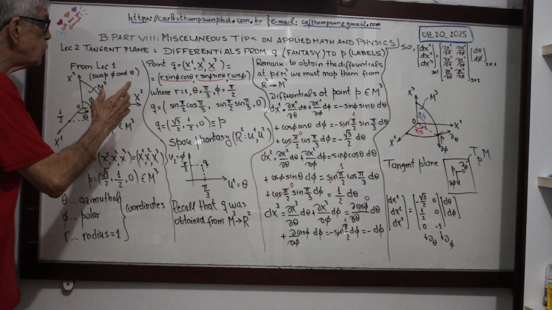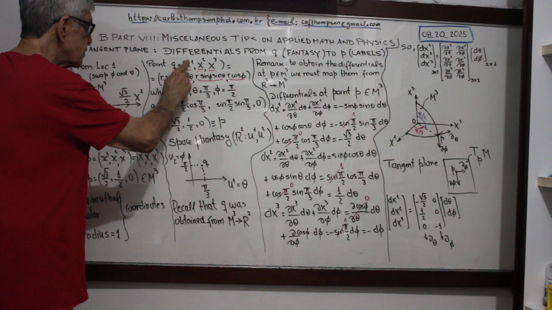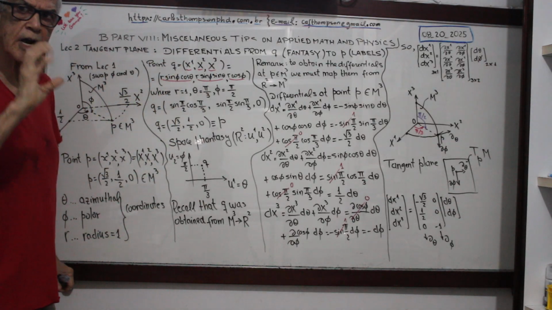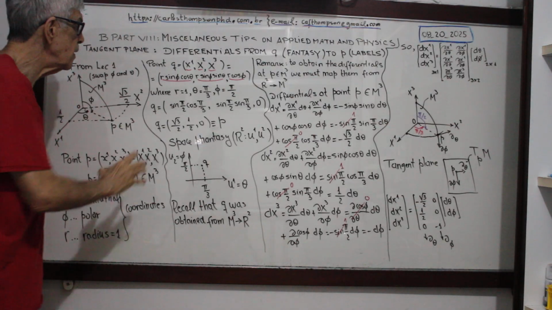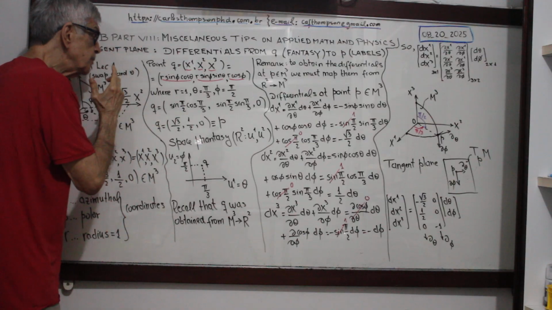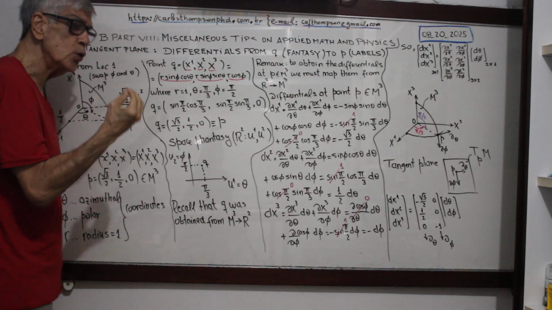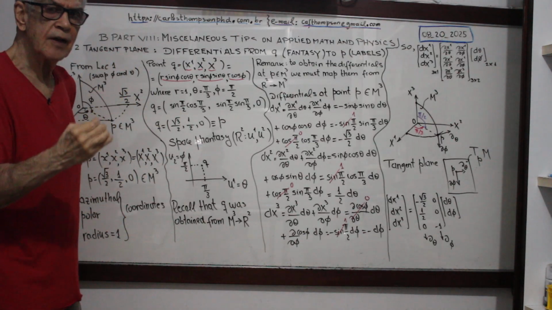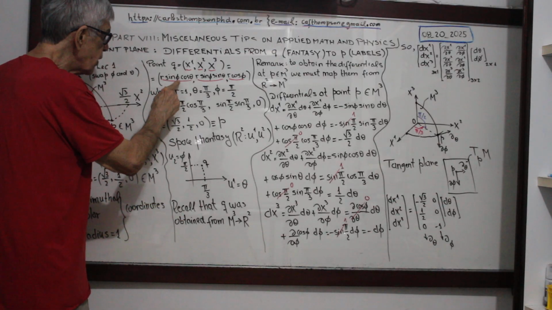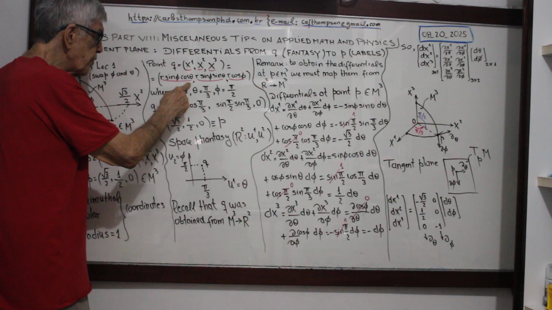Now, point Q, capital X1, X2, X3. These are, in this case, Cartesian coordinates. And then I choose a fantasy, which consists of angles phi and theta.